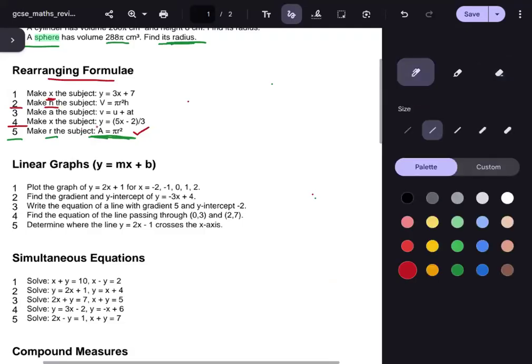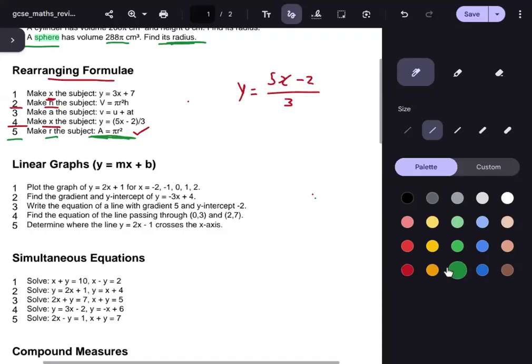Okay, so number 5 is make x the subject of y is equal to 5x minus 2 divided by 3. So let's write that. Y is equal to 5x minus 2 divided by 3.